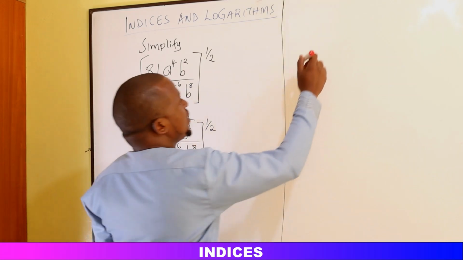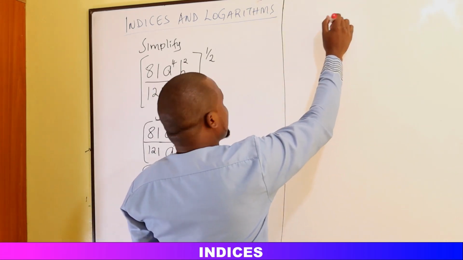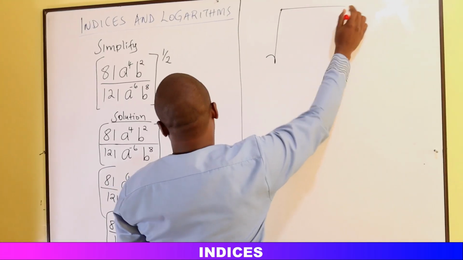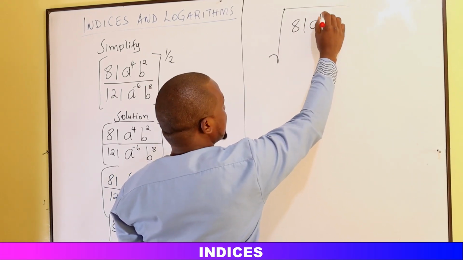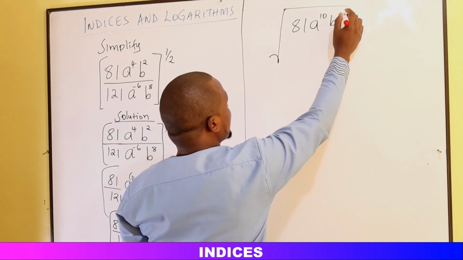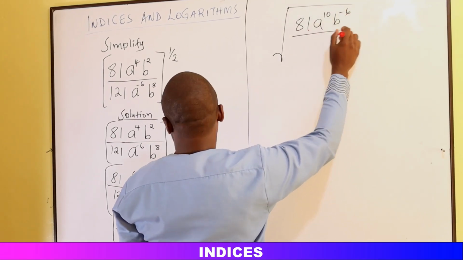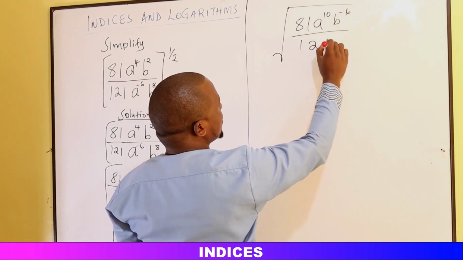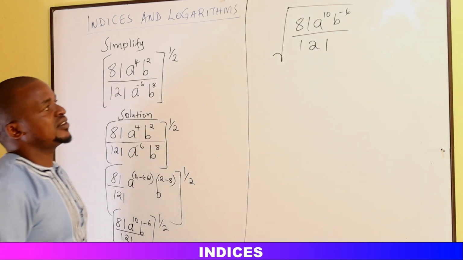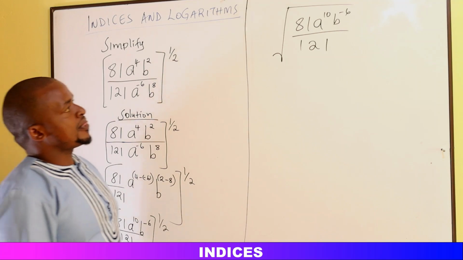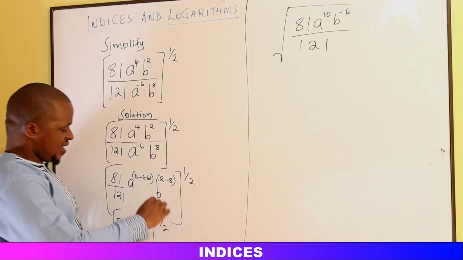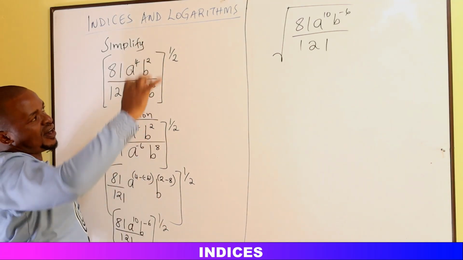It's like we are finding the square root of 81 a to the power 10 b to the power negative 6 over 121, which is the same as that number raised to the power half.